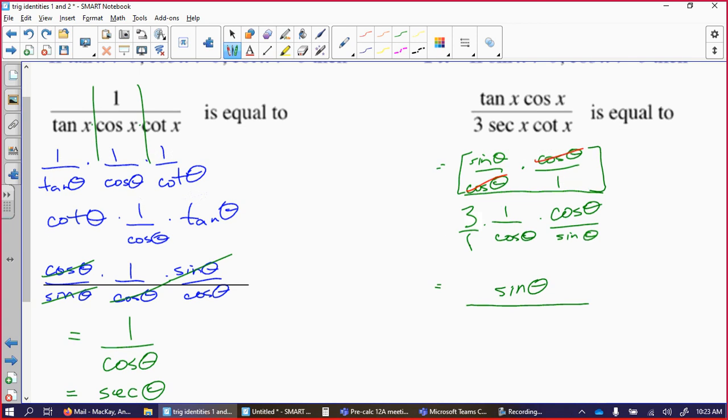The denominator, there's nothing that cancels with the 3, but again, cos and cos cancel. So we're left with 1 over sine theta. I don't like that color, sorry. My neuroses.